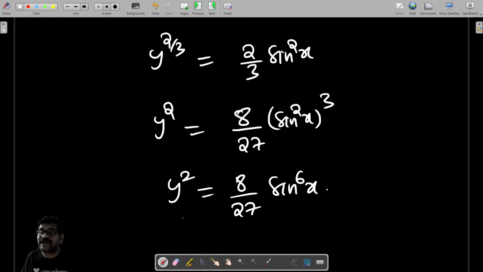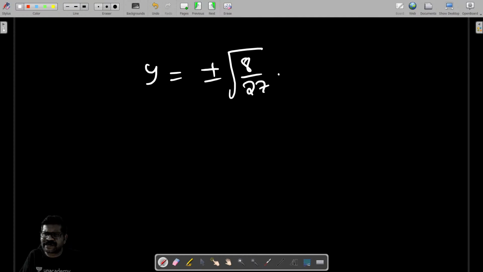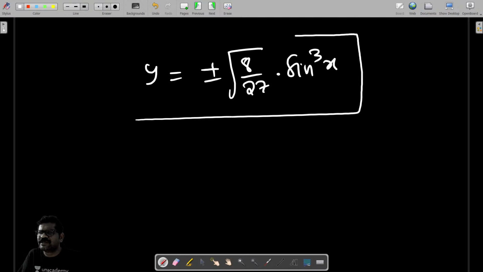Now if you calculate y, you will get y is equal to plus or minus square root of 8 by 27. If you take square root for sine power 6x, you will get sine cube x. So y is equal to plus or minus square root of 8 by 27 sine cube x.